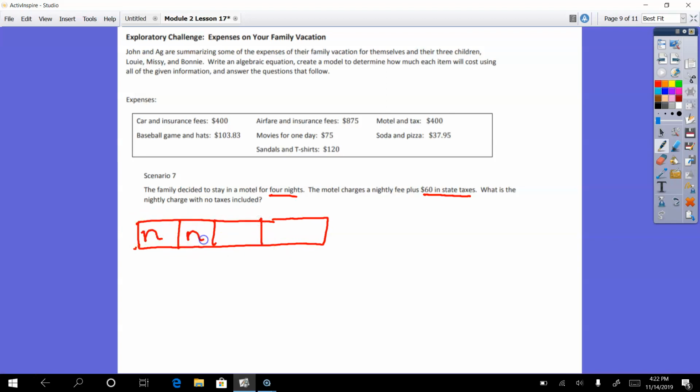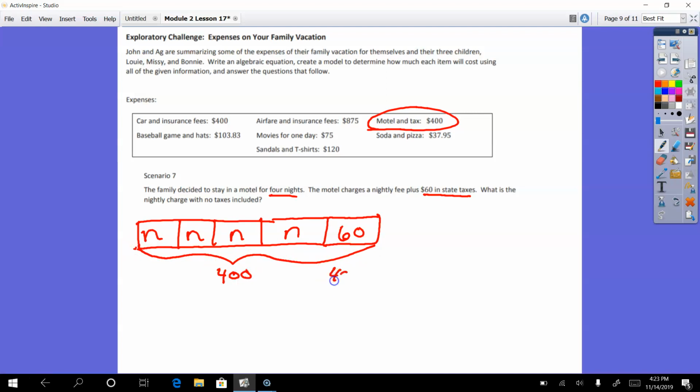So each night costs a certain amount. And then $60 in fees. Which also costs a total of $400. So we subtract.